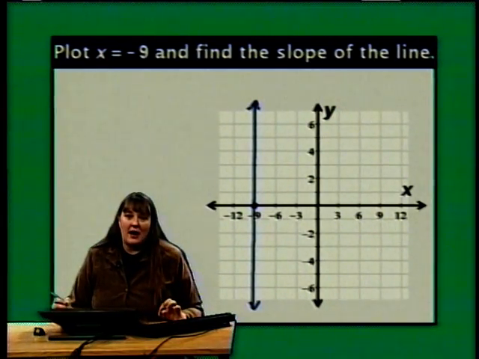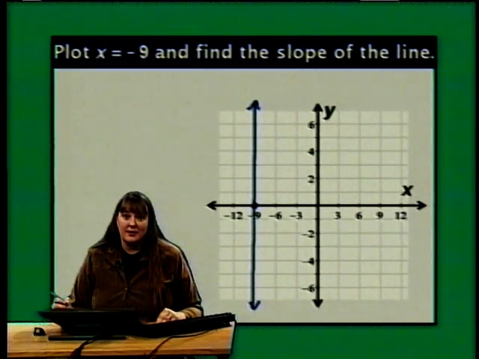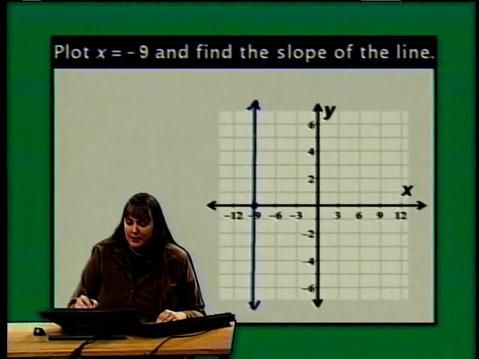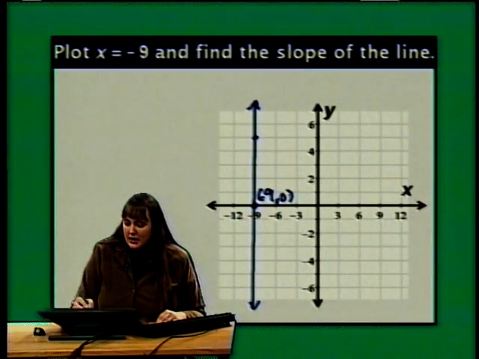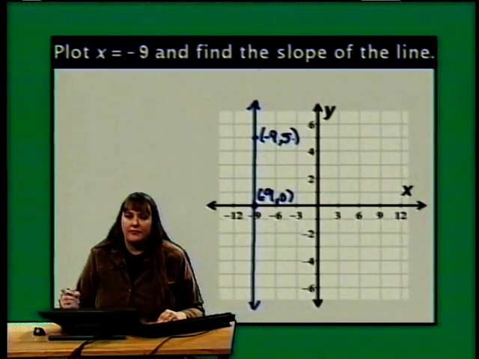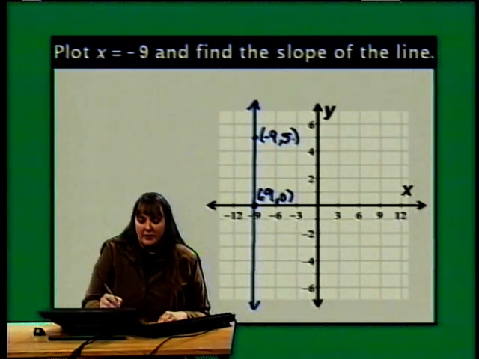The second part asks us to find the slope of this line. So now that I have this line, let's think about the slope. This line has x-intercept -9, 0, and another point on this line is -9, 5. Let's think back to our slope formula.